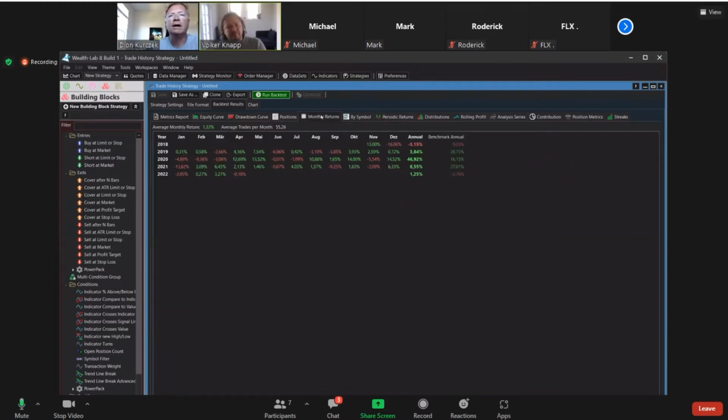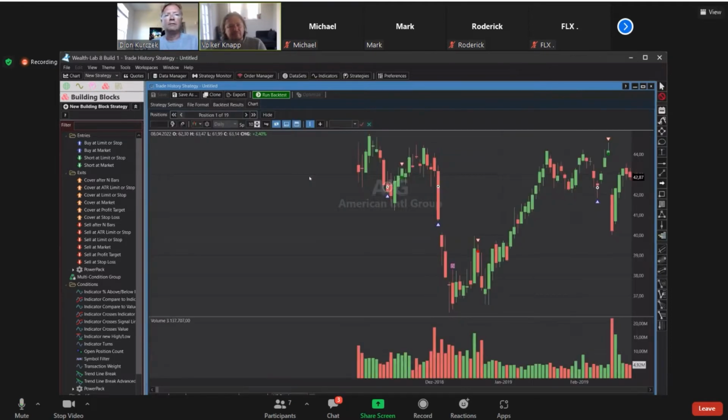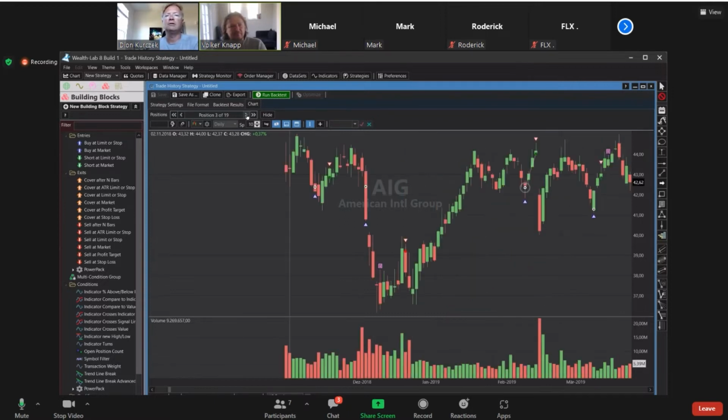We could see the trades, we can see them on a chart. If, for example, you have a file of your trades exported from your broker for your year 2021, you could load that into Wealth Lab and analyze your own trading for that year. It's a pretty interesting feature.